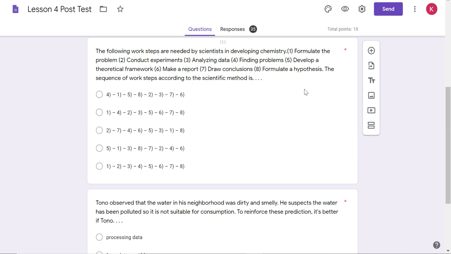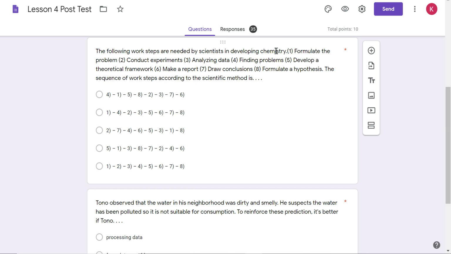The sequence of work steps according to the scientific methods is, when you look at those steps, of course, the first one you have to identify the problem, which is finding the problem, number 4. After you find the problem, then you're going to state the problem or formulate the problem, which is number 1.